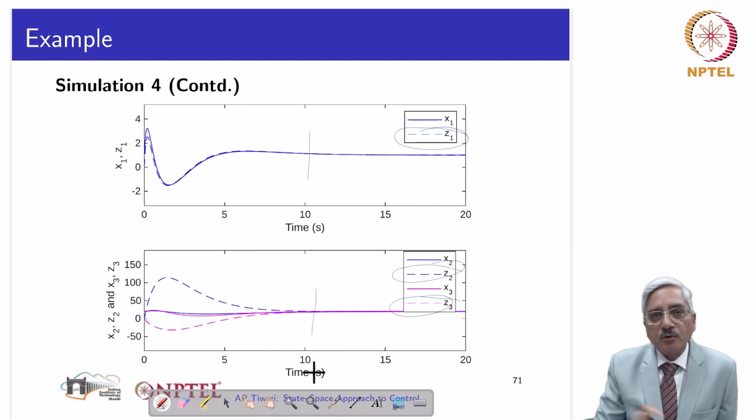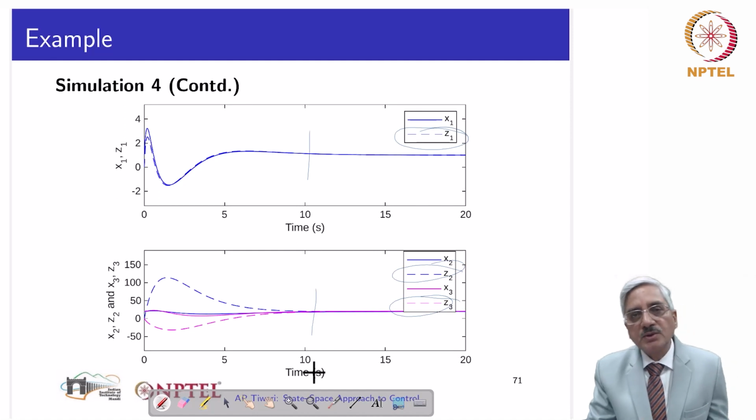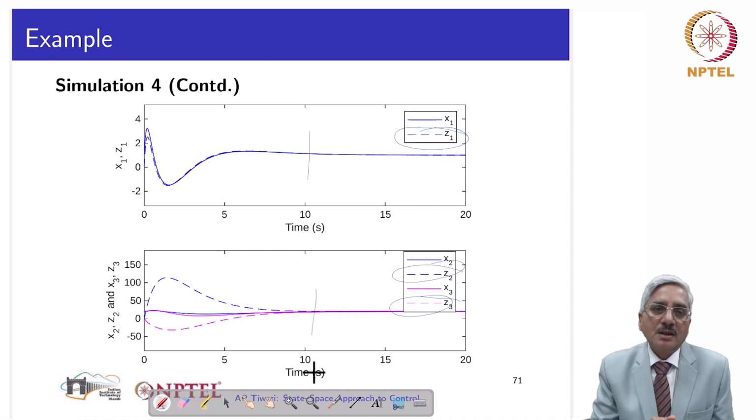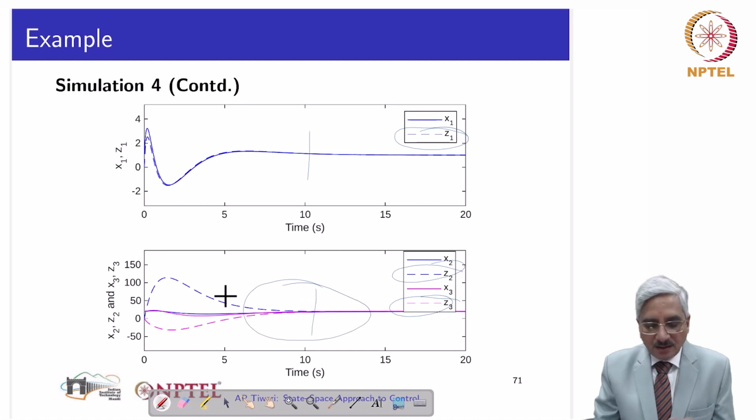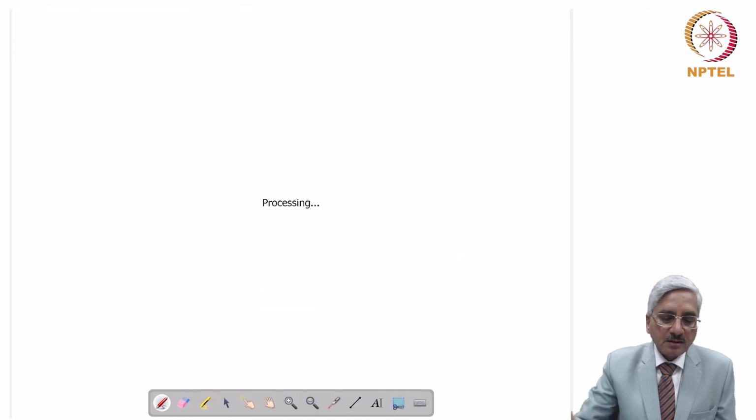So irrespective of how much the difference was, whether we were using actual system states for control or observer system states for control, this behavior is identical: the estimated states become asymptotic to actual states in a time depending upon the observer design, where the poles of the observers were placed. It happens. Now we come to yet another simulation.